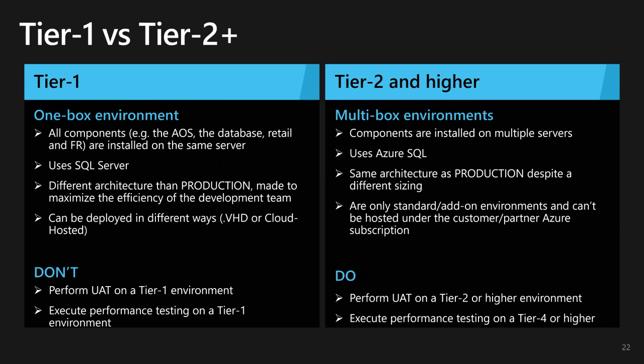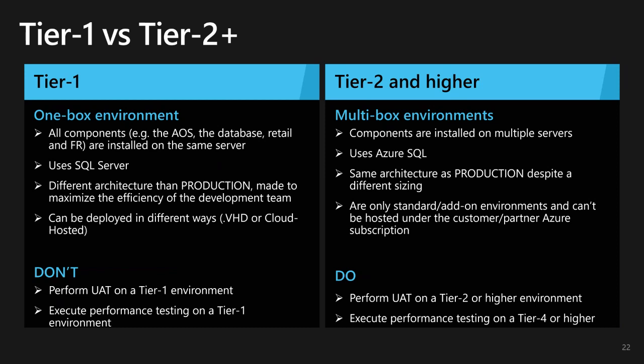Tier 1 is a one-box environment, meaning all the components, including the application server, SQL Server, and other services, are installed on the same server. But for the other sandboxes, from Tier 2 to Tier 5, and also the production environment, all the components are installed on multiple servers. And the database is Azure SQL, not SQL Server.